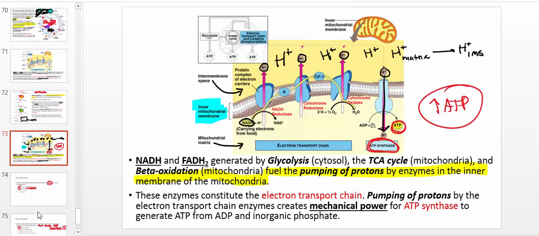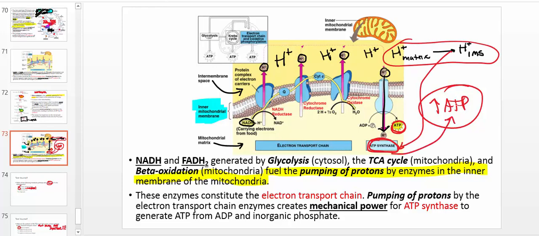Those coenzymes are used to power the pumping of protons from the matrix into the inner membrane space, and that powers ATP synthase for the synthesis of ATP. If you can basically say all of that in your own words, or even in those words, to be honest, you'll get full credit on that question on the test.